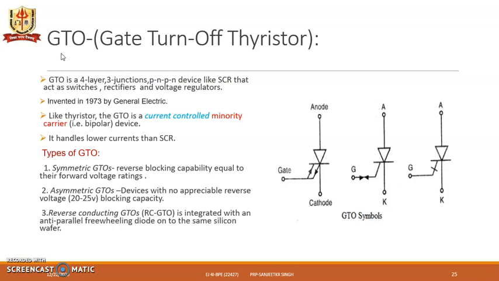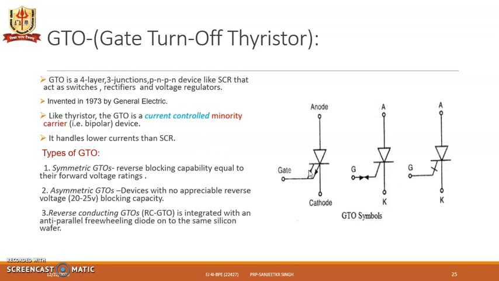So, let us see what is GTO. GTO stands for gate turn off thyristor. The name itself signifies that it has a gate that will be used for turning off the thyristor. The same gate terminal is used for turning it on when a positive gate pulse is provided, and when a negative pulse is provided, it turns off.